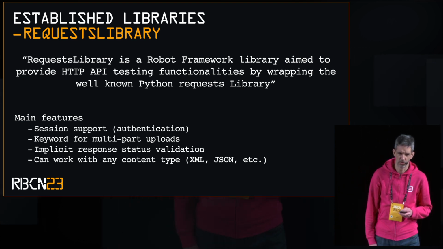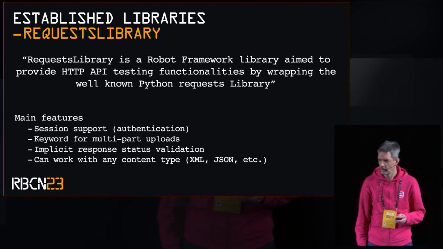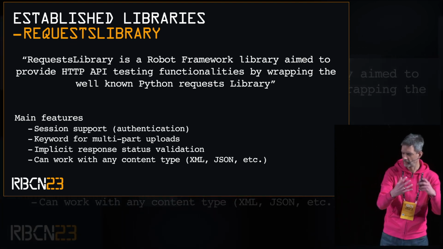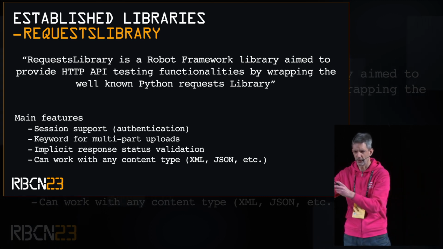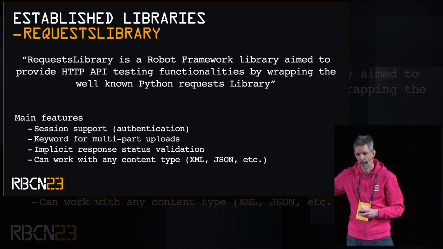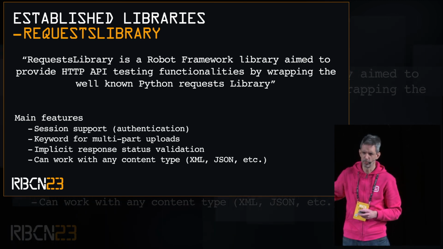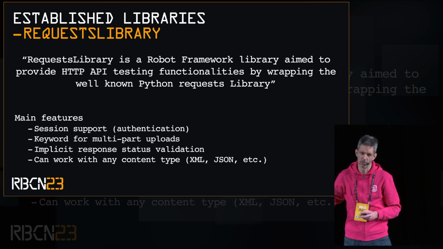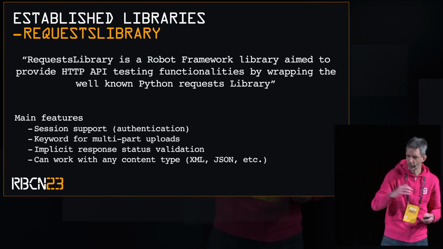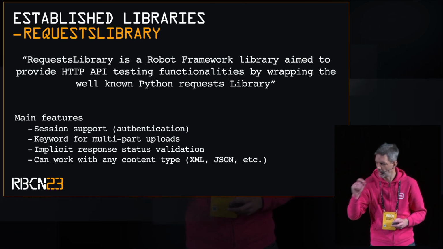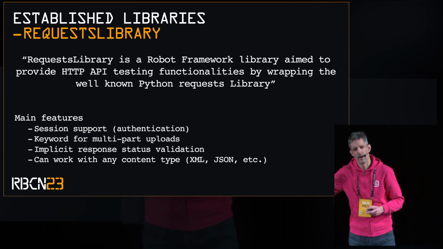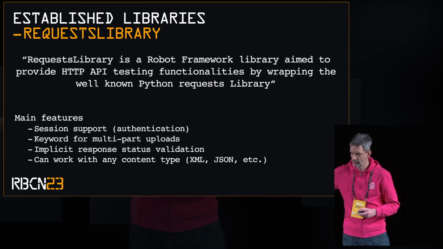Implicit resource status validation. This is kind of nice because you can have this get keyword or post keyword and you can execute it. And if the response is not an OK response, some 200 code or 300, it will just fail the keyword unless you explicitly state, I expect some error code.